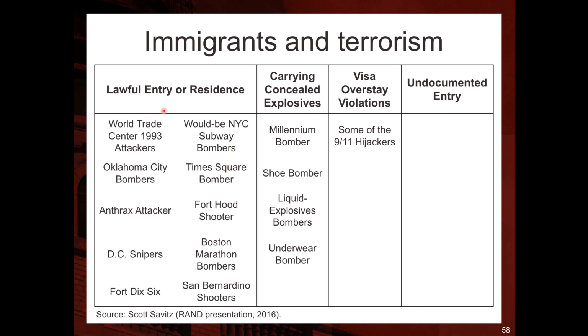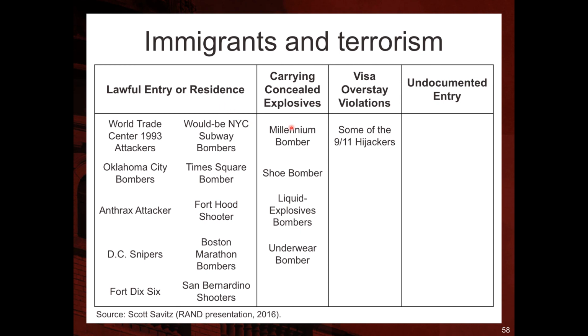And here it's showing the migration status of all the people who committed these different terrorist attacks, either immigrants or the US-born population. For all these different attacks here, they were committed by people who entered the US lawfully or were permanent residents.